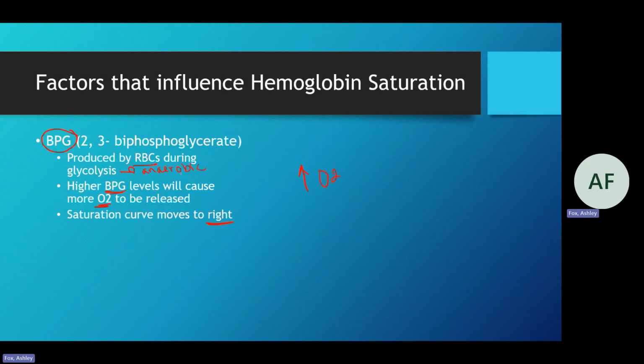So what we have is more red blood cells producing anaerobic metabolism because they need ATP for energy too. So you're going to increase oxygen release and decrease the affinity of oxygen to stay with hemoglobin. Hemoglobin's going to release it. Again, shift it to the right.